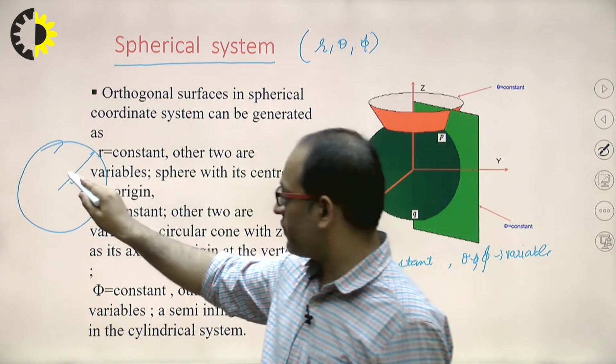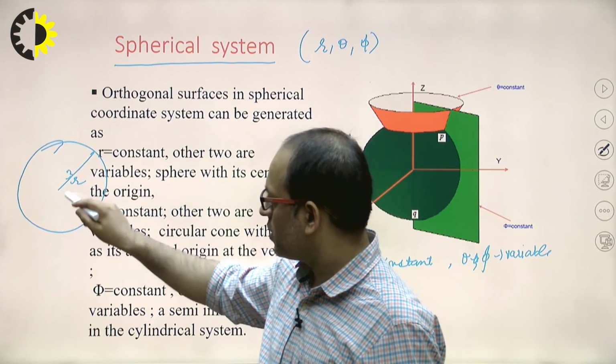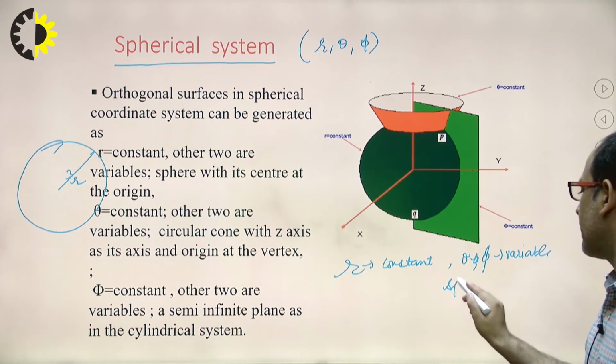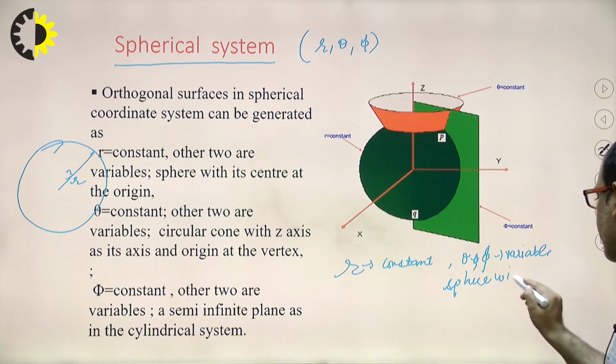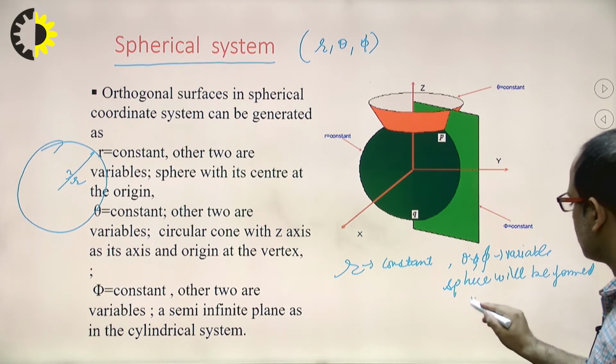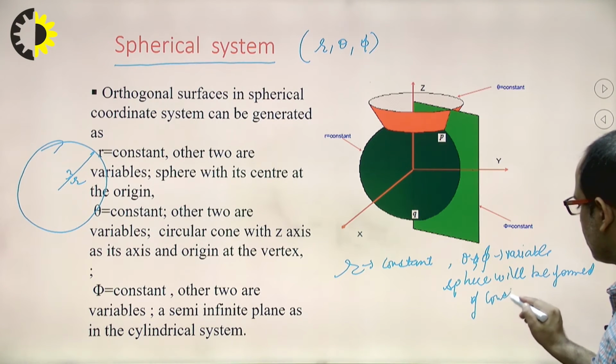If I say R is constant, R equal to 3, and theta and phi are the variables, means a sphere will be formed, a sphere of constant radius.